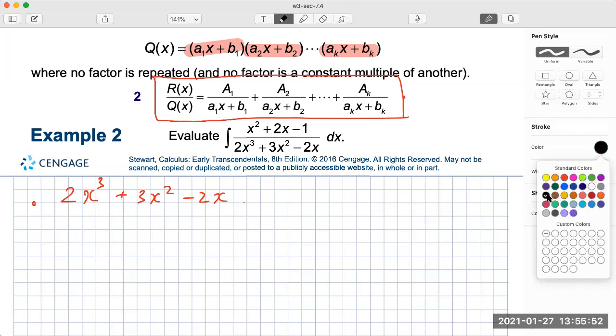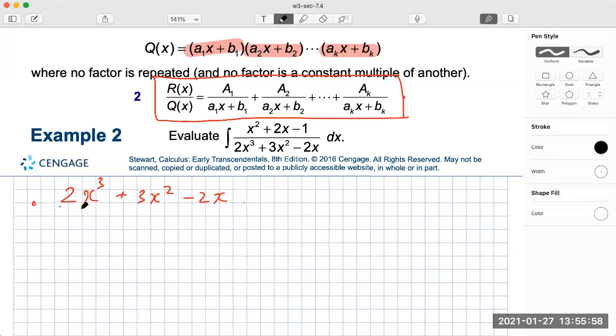Now, if you don't know, just take a look at these guys. What is the common thing of them? Yes, every term here has an x, right? It means it is a common factor. Let us factor it out. What do we have inside?